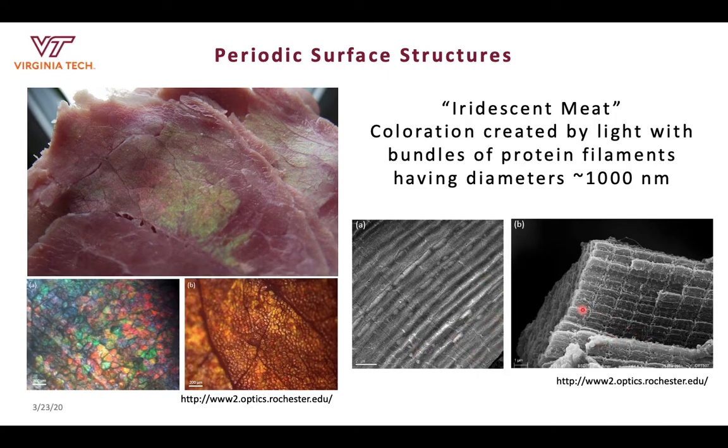In the image on the right there, you can see more about the bundles themselves, like so. And what happens then when you shave those or cut that meat at the right angle, you can expose a bunch of surfaces that then, much like a CD or a DVD, can reflect light and lead to that interference phenomenon.